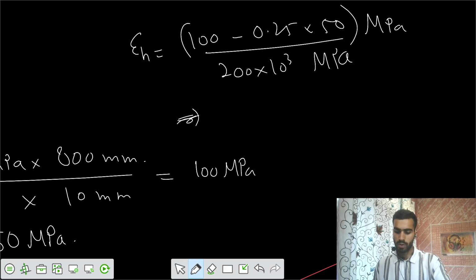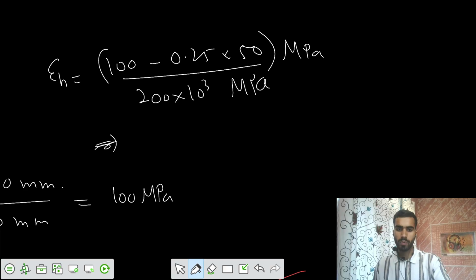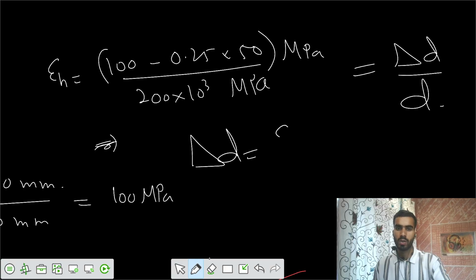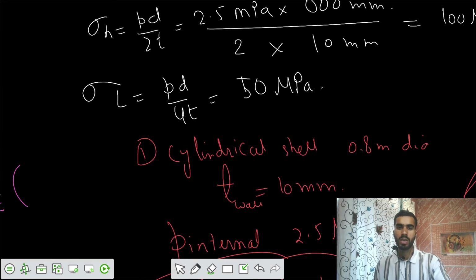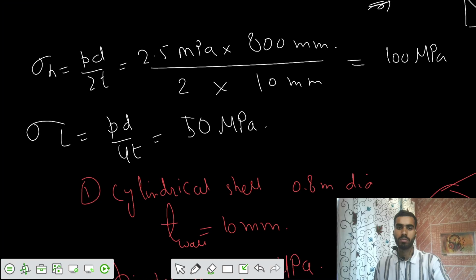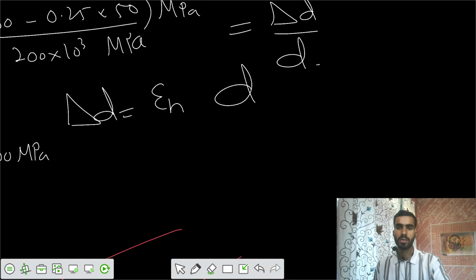Once you have the hoop strain, hoop strain equals change in diameter by original diameter. So your change in diameter equals hoop strain times initial diameter. The initial diameter was 800 millimeter.